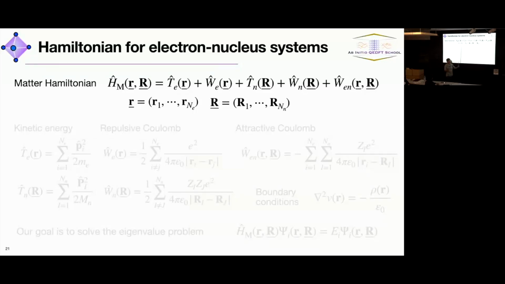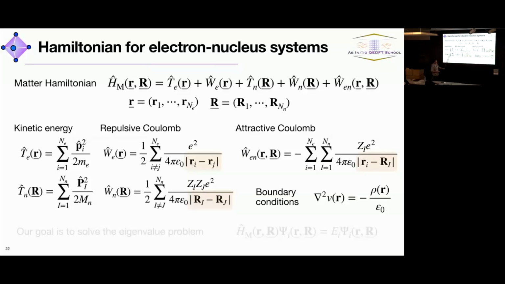Basically this is a longitudinal interaction between an electron and a photon. Here we have the nuclei kinetic energy, and this is the Coulomb repulsion among nuclei. And this one is the electron-nuclei attractive Coulomb interaction.